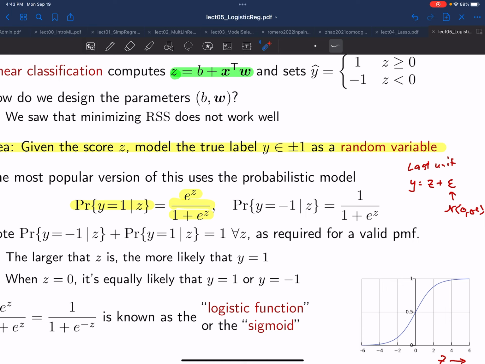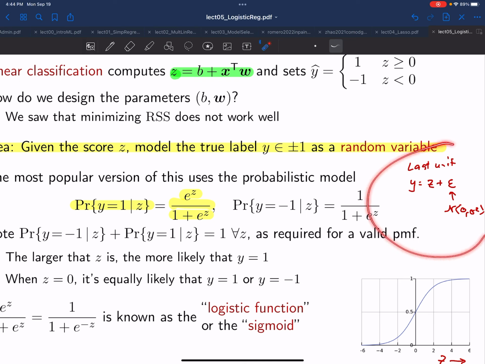Okay, but the harder thing, I think, is just understanding this. Is this making it clear? So we have this intermediate variable. This is our true model. We're assuming that there are some true parameters, b and w, such that when you plug in the features, training or test features, you get some intermediate true z's, and then there is randomness in going from z to y, and this is how you describe that randomness.